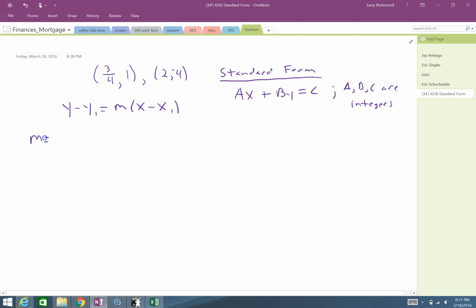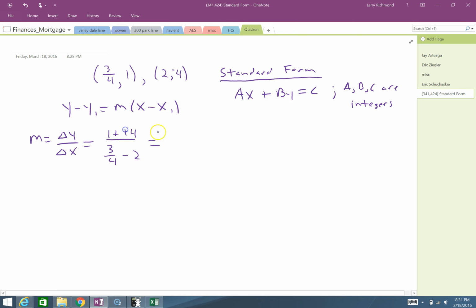Recall that slope is the change in y divided by the change in x. So subtracting some y's, I will go 1 minus -4. Subtracting some x's, I will go 3/4 minus 2. Remember, it doesn't matter which order you do the subtraction as long as you do the top and the bottom in the same order.